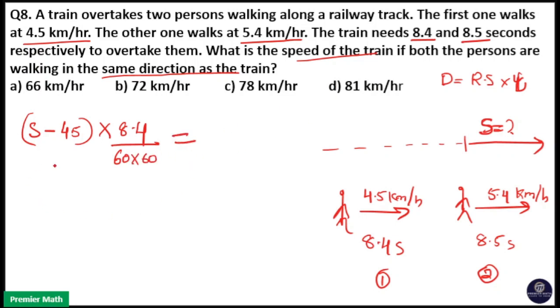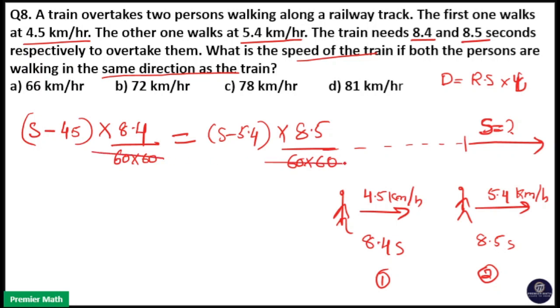That is the distance covered while overtaking the first person, and next is the distance covered while overtaking the second person, that is s minus 5.4, speed of the train minus speed of the second person, into the time taken to overtake, which is 8.5. So I will convert it as divided by 60 into 60.